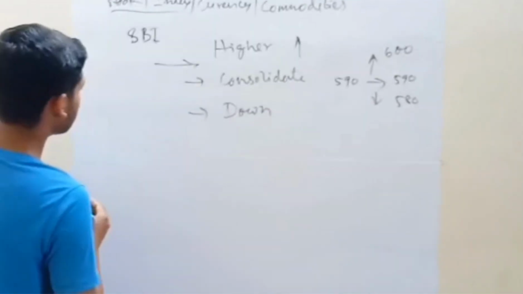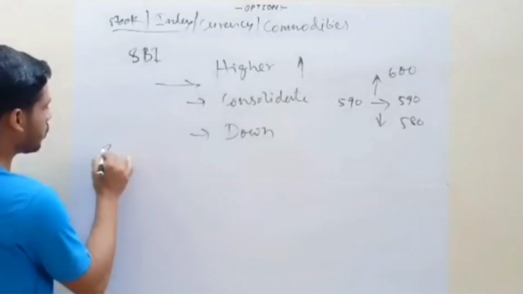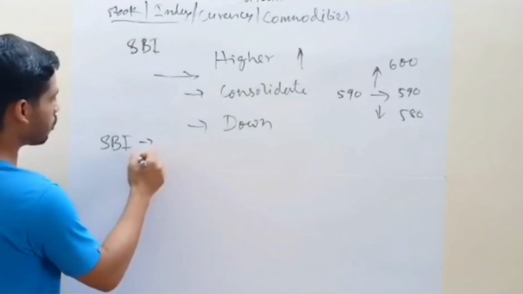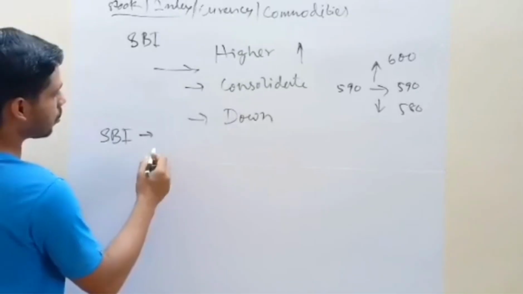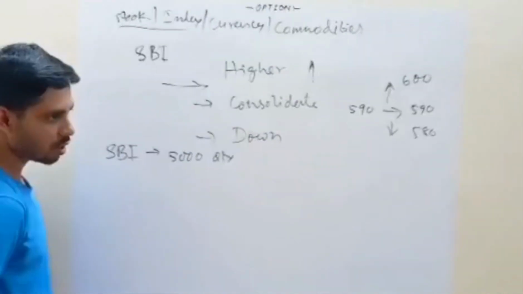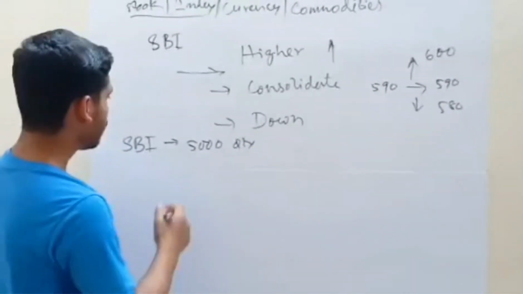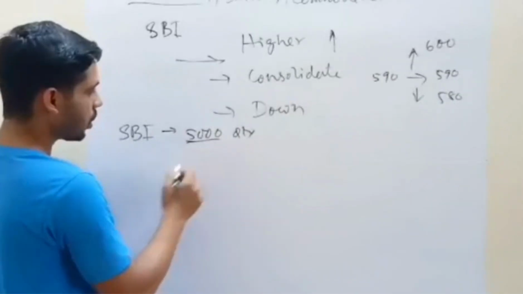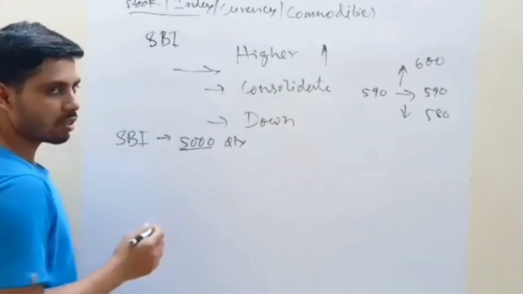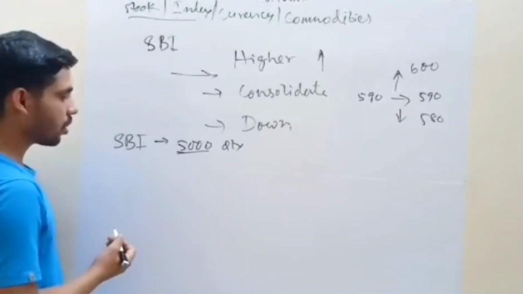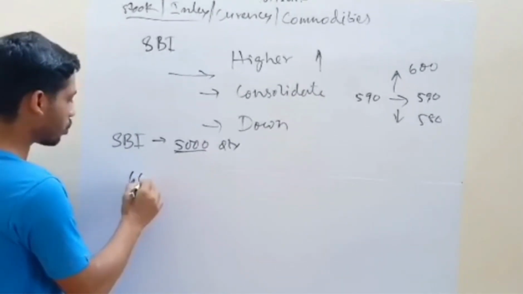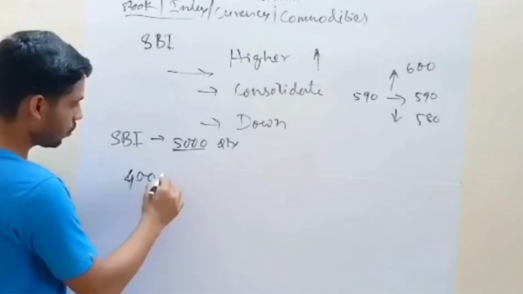Suppose people who hold SBI shares have purchased them in the cash market, maybe 5,000 quantity. For example, a person bought 5,000 shares of SBI at the price of 400 rupees.